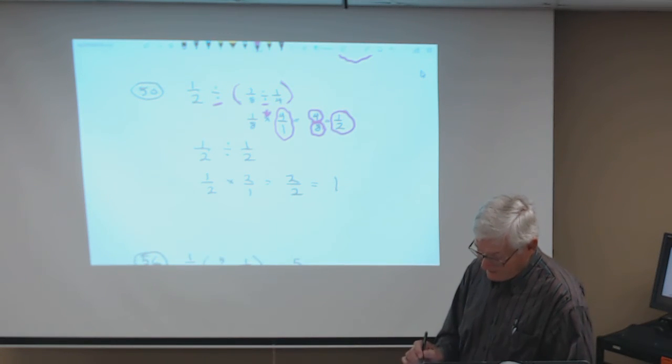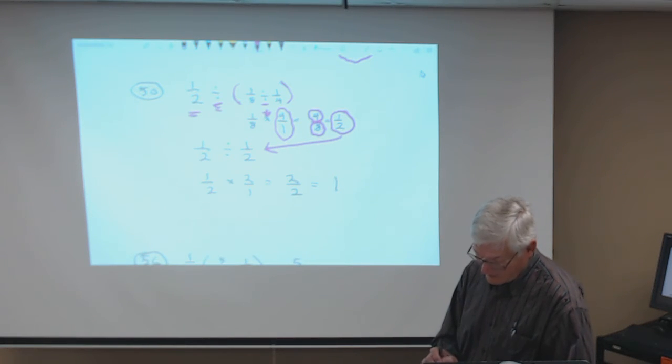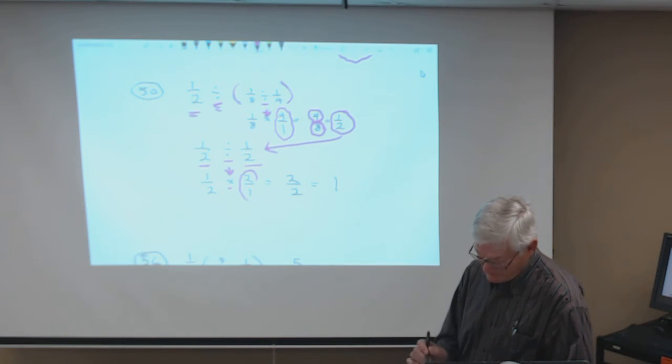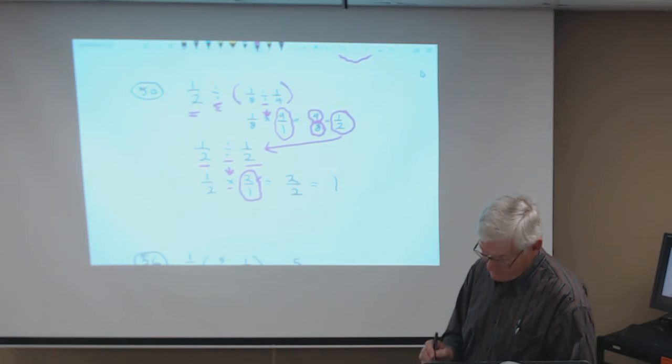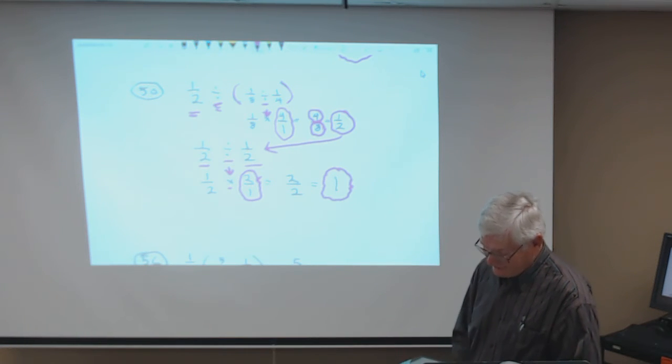So now I put this 1/2 back down here, and I say now I have 1/2 divided by 1/2. And that would be 1/2 times, flip it over, 2 over 1. And then 1 times 2 is 2. 2 times 1 is 1. So 2 over 2. So the answer is, after you do all that work, the answer is 1.